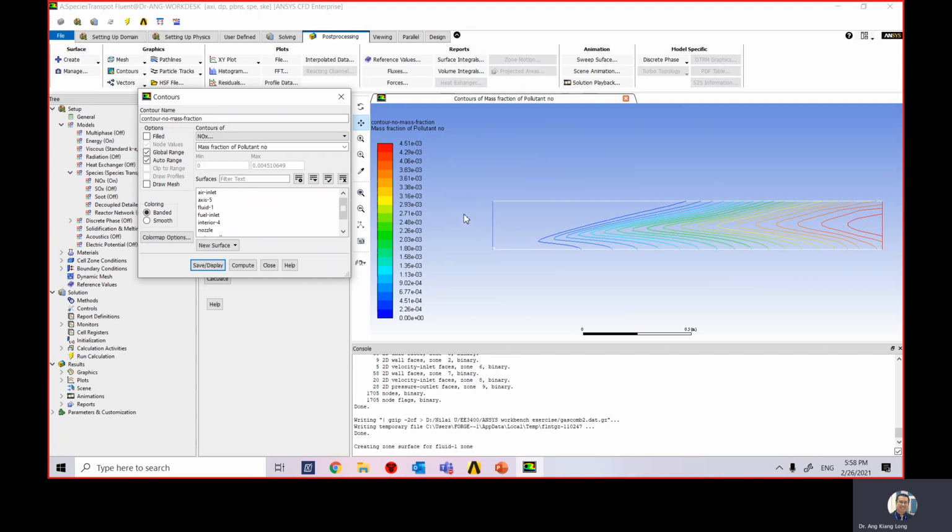Again, your air comes in the left hand side, your fuel comes in the right hand side, something mixes inside there. The pollutant you are looking at is nitrogen oxide, which maximally accumulates in this section. All right, red color, and the value you can read from here.